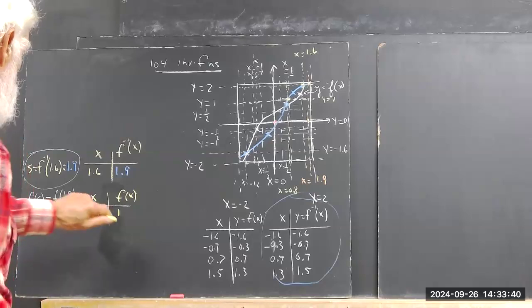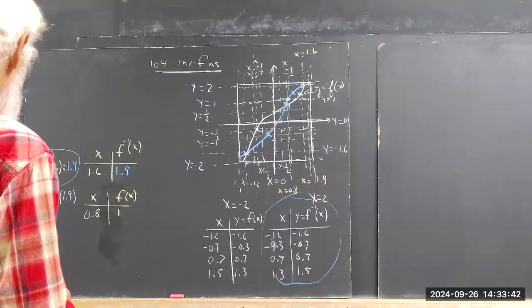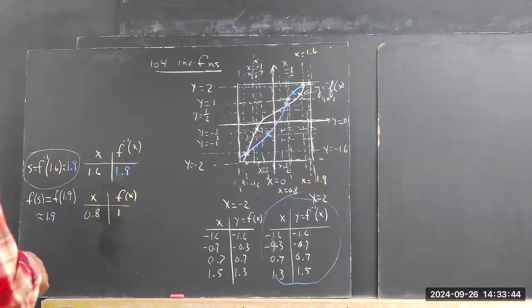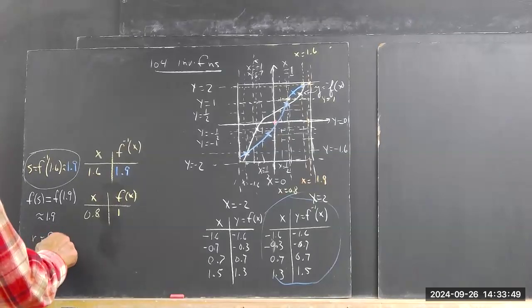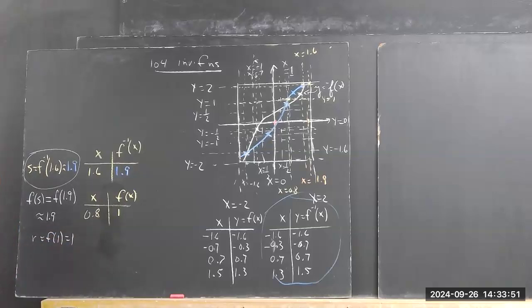Now we're going to call that value r. So that r equals f of 0.8, which is 1.